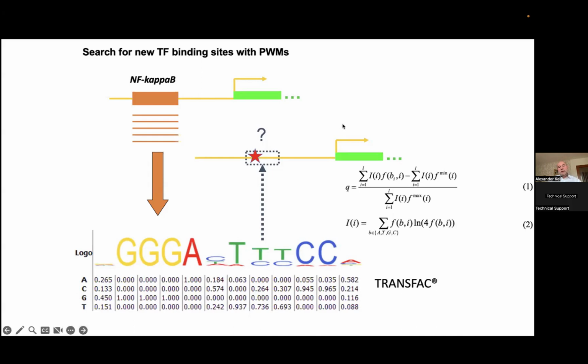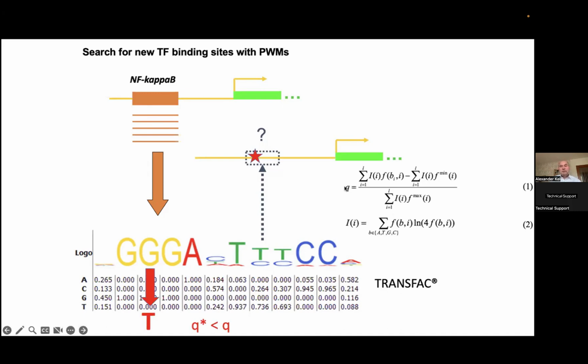So basically, if such mutations hit a binding site of a transcription factor, changing one nucleotide in the reference genome, or in the genome of that person in that tumor, say in that position from G to T, then obviously, since this G was very important for binding, in this case for NF-kappa B, this will lead to a change of the predicted score.